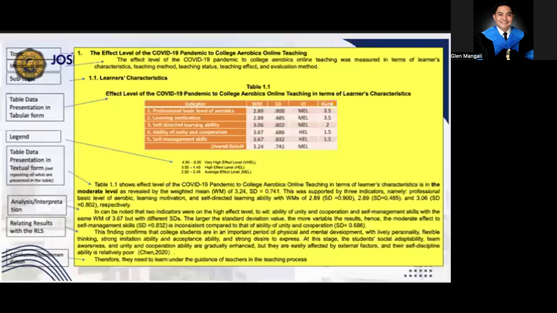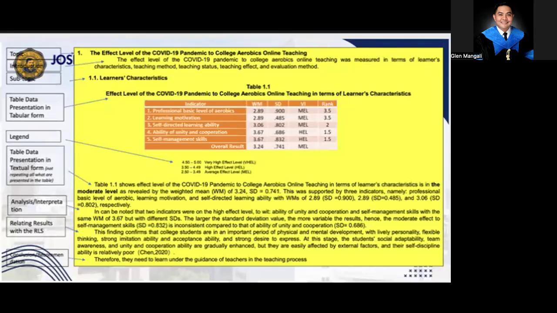Another way of doing it is to give the subheading, for example, the effect level of the COVID-19 pandemic to college aerobics online teaching. And then you put the subheading, learners' characteristics, the table, and the result.